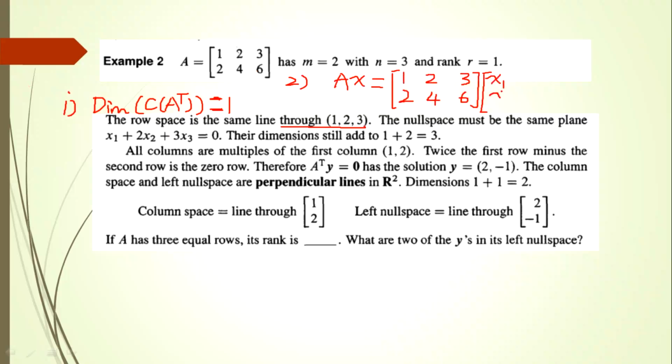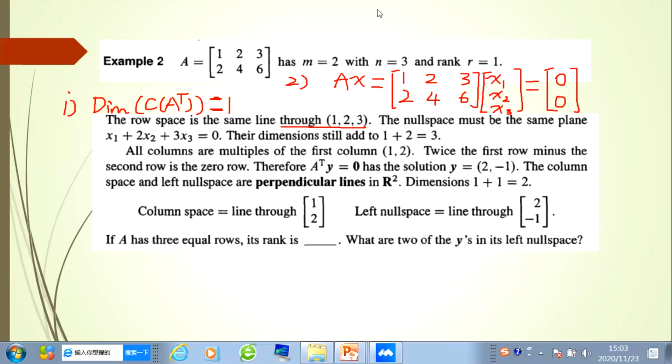x1, x2, x3 equals the 0 vector. So actually you are going to get 2 equations, but the second one is a multiple of the first one, right? 2x1 plus 4x2 plus 6x3 equals 0. That is a multiple of the first plane.